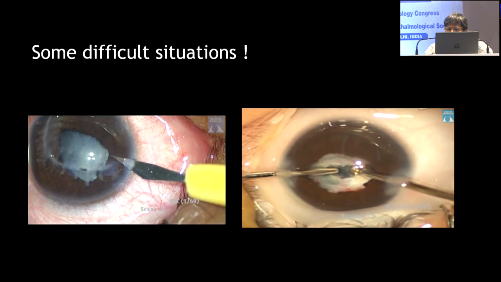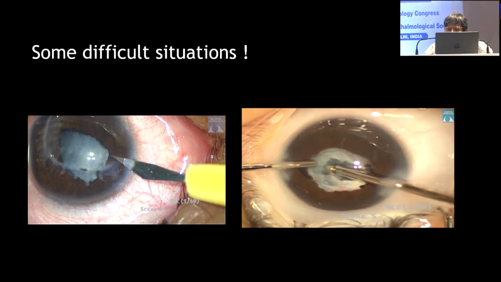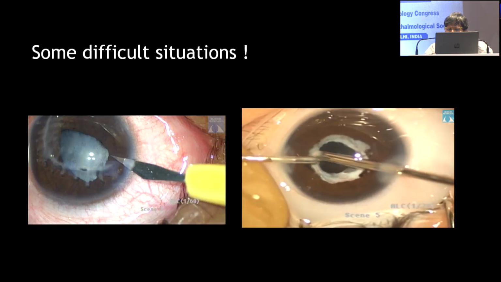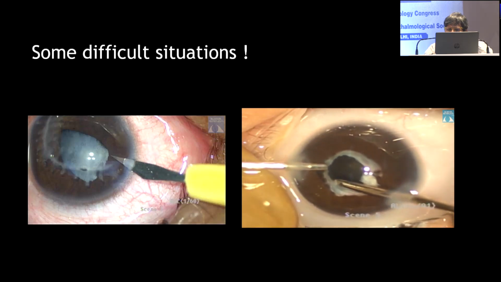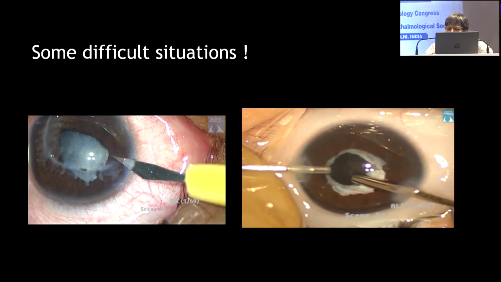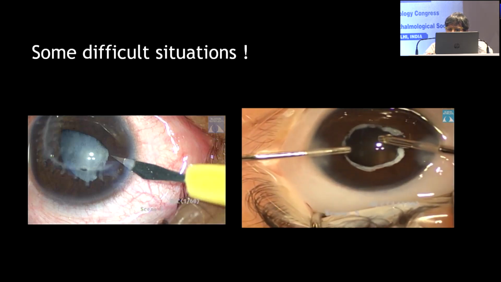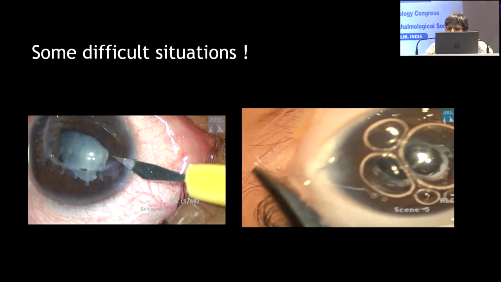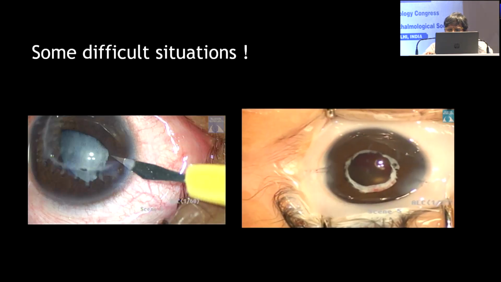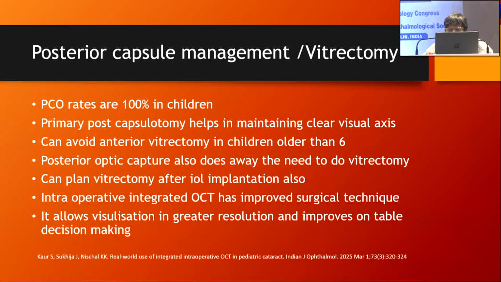And as you can see, it's just a membrane. There is not much lens cortical matter there, but you need to have this cautery, and of course because she had very stretched ciliary processes, I did not attempt to put an intraocular lens here.